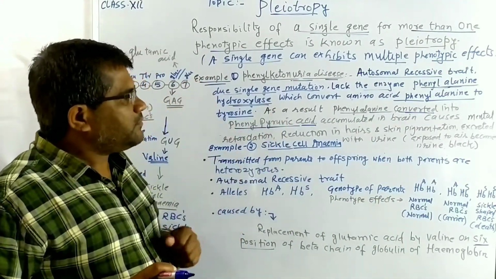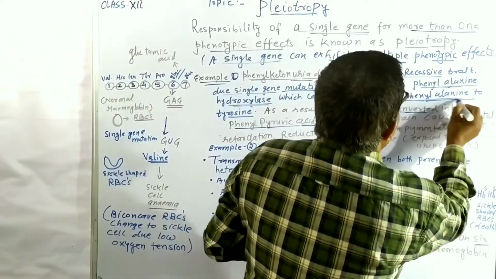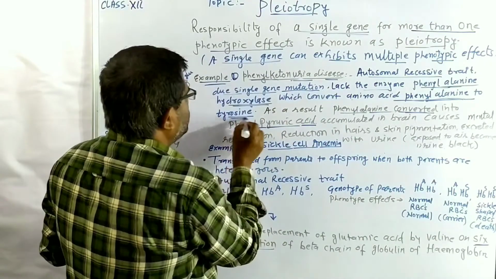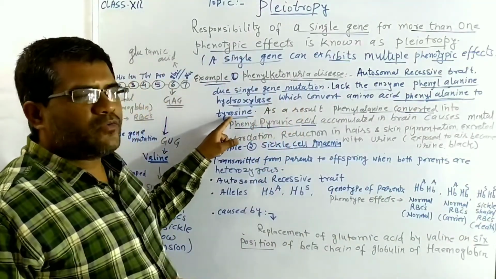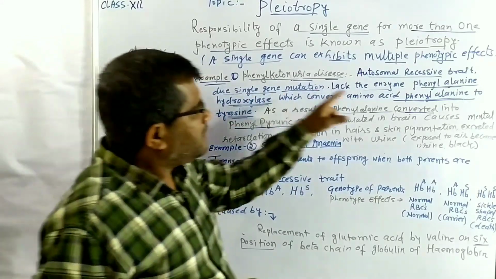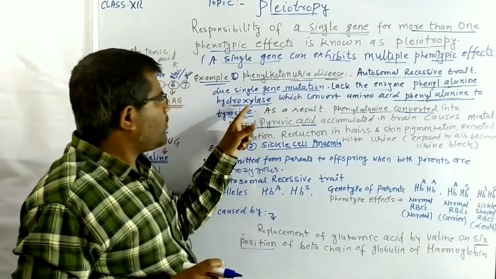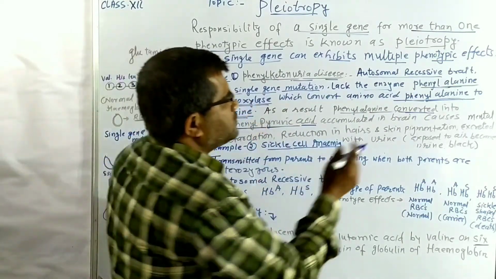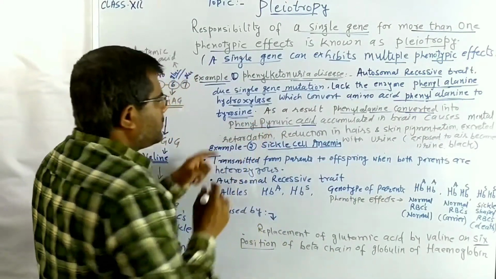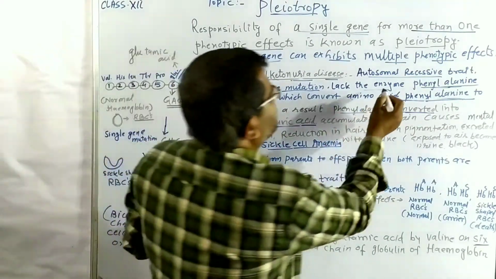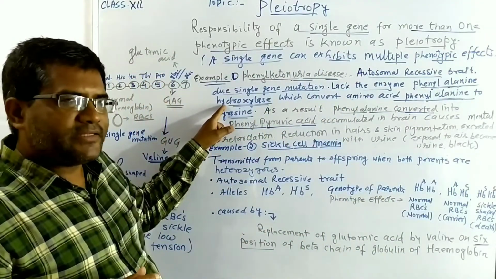Normally, phenylalanine is converted into tyrosine in the presence of the phenylalanine hydroxylase enzyme.